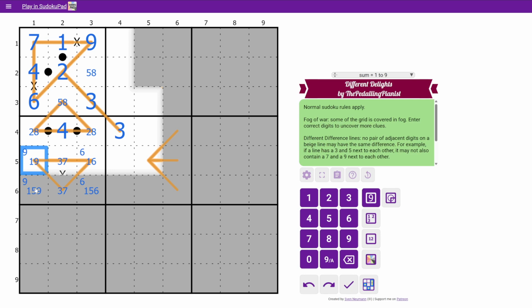So yes, it could. Can the 1 go with the 6?